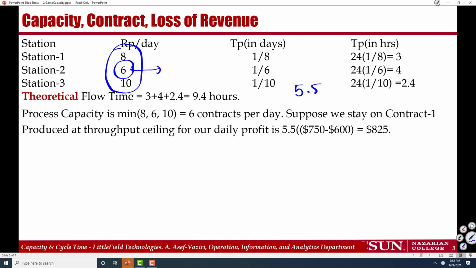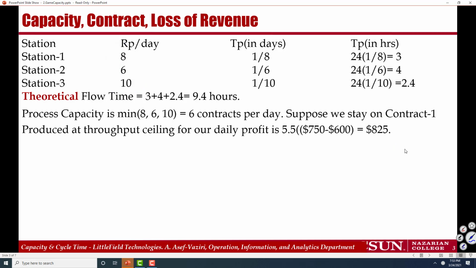Therefore, if we have delivered all the products within the time interval that we had, and if we have collected $7.50 for each product, on each product we have made $150 profit, multiplied by throughput, it would be about $800 per day.